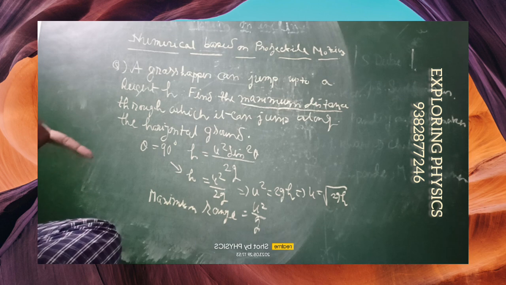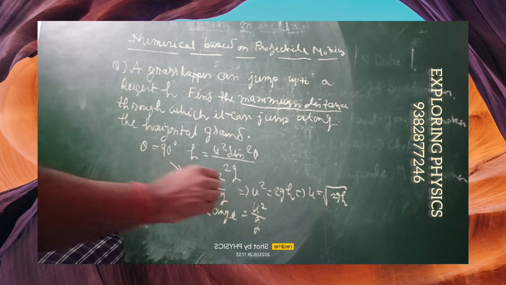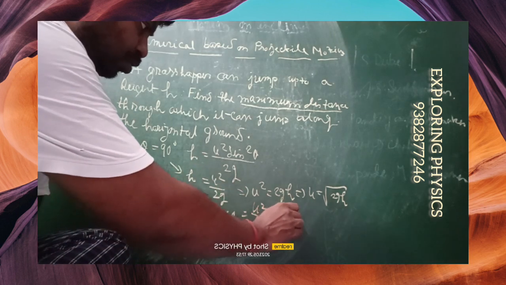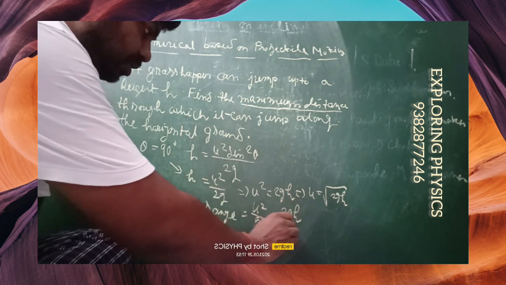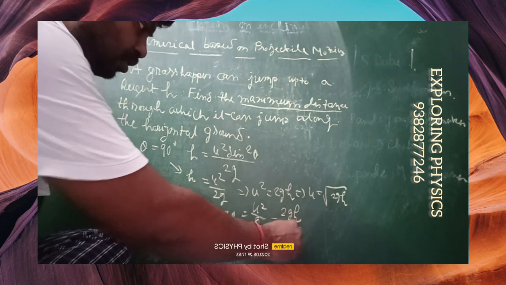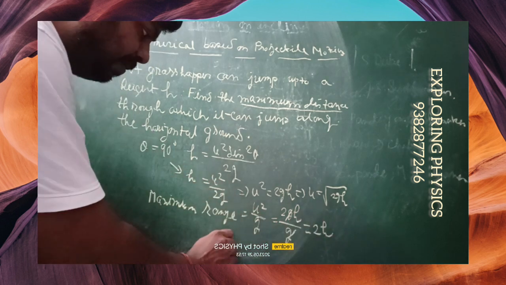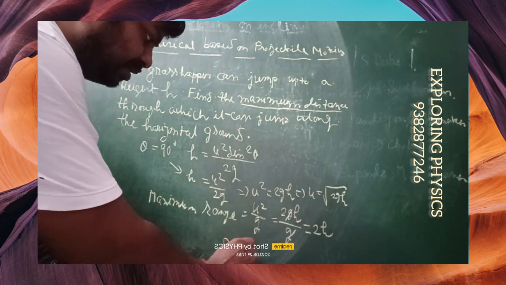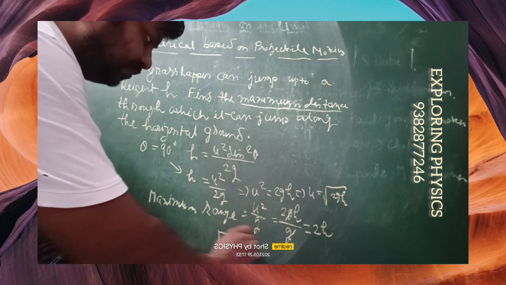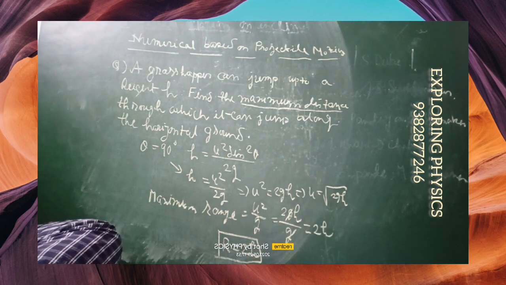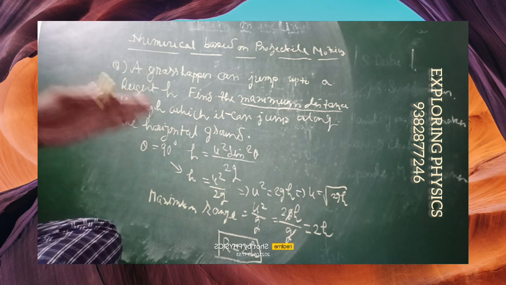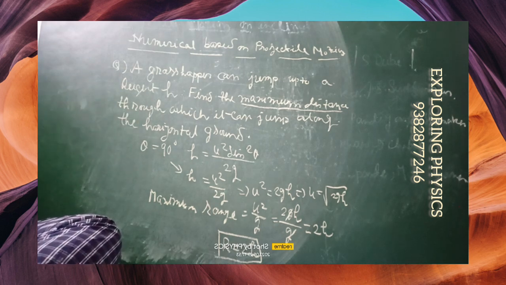So putting u square equals 2gh here, we get 2gh by g. So g will be cancelled out and we have 2h. That is, the maximum range R is equal to 2h.